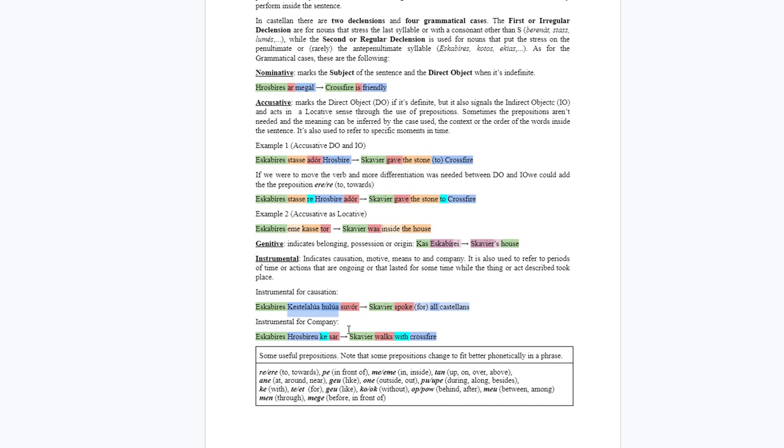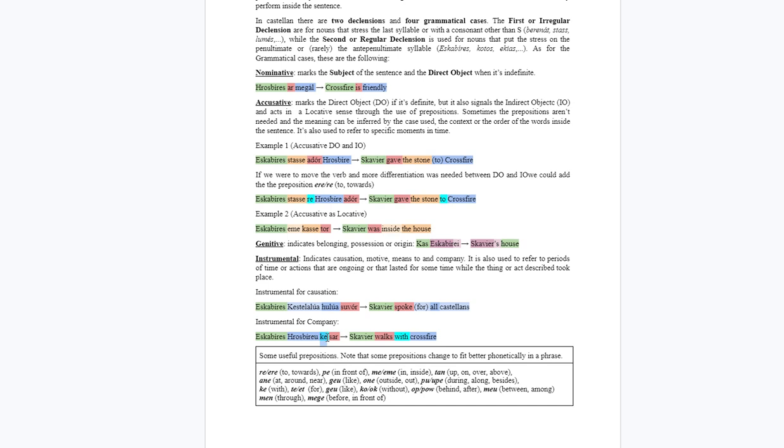Then for company, as we said before, Escabires rosvireu quesar. Scaver walks with crossfire. Escabires rosvireu quesar. Scaver walks with crossfire. So here, to specify that we're not talking about the causation or the motive for the action, we are talking about company, who is accompanying Scaver.